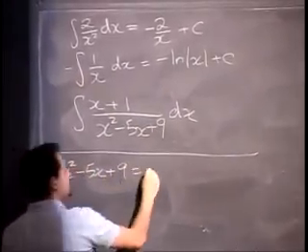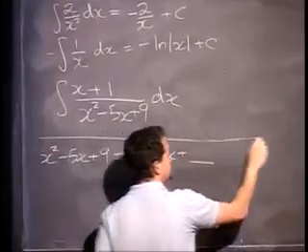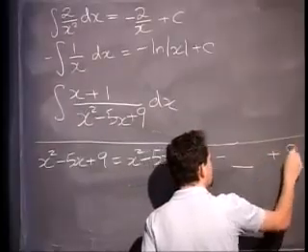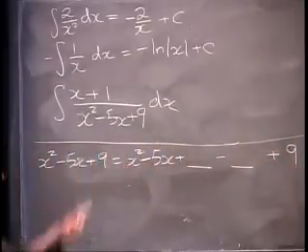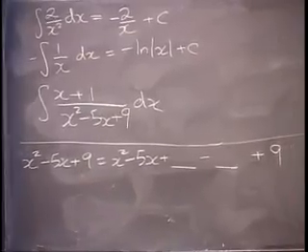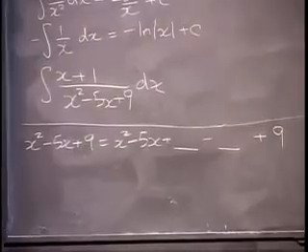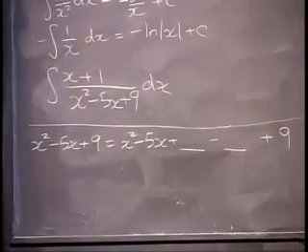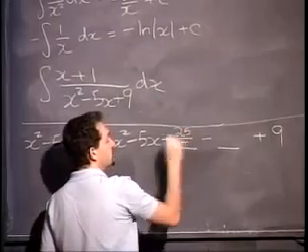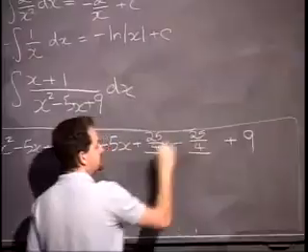x squared minus 5x plus 9 is x squared minus 5x plus something. Subtract away the same thing and then add 9. What's that something? How do you find that? Yep, so you take minus 5, you divide by 2, and you get minus 5 halves, and then you square it. So unfortunately, you have to add in 25 over 4, which is 5 halves squared. And then you have to subtract that again.